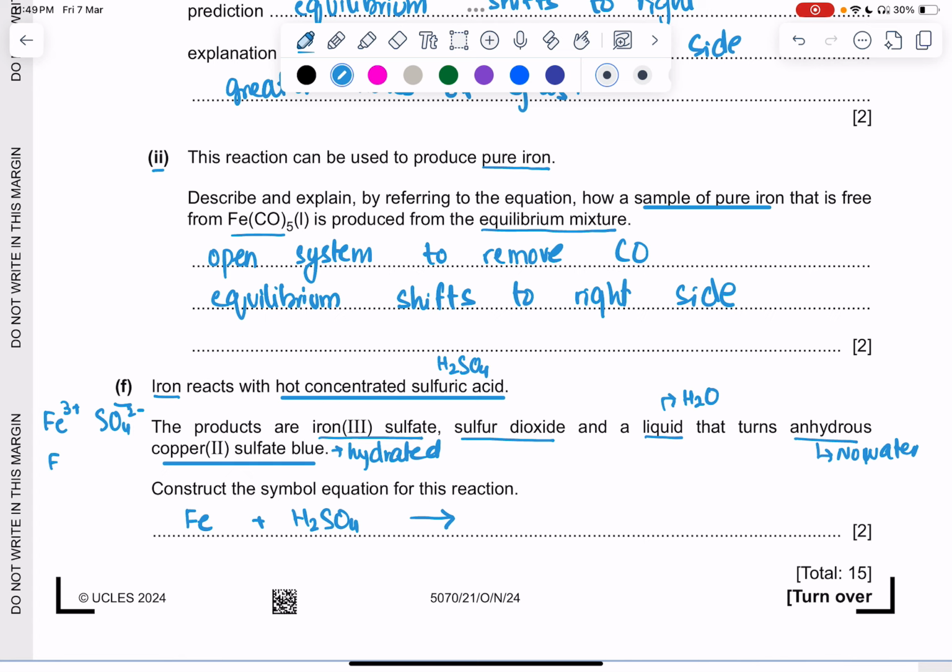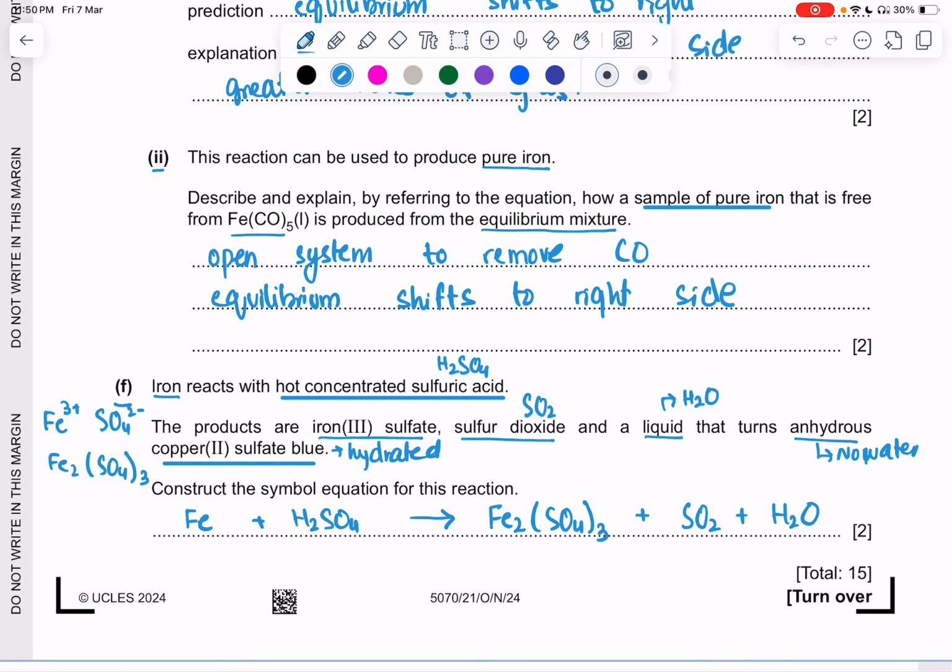If we do crisscross, the formula becomes Fe2(SO4)3. So the formula is Fe2(SO4)3, and sulfur dioxide is SO2, and then a liquid is H2O, water.